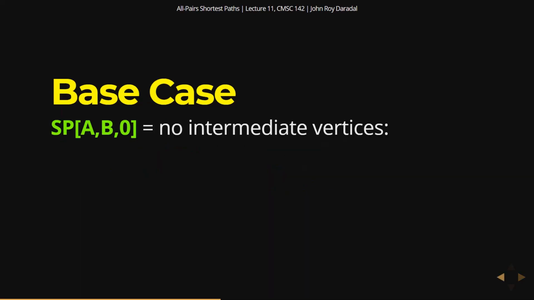So for the base case, remember that in dynamic programming we have to fill in the base case values, because otherwise we can't solve for bigger subproblems without any prior values that exist in the table, right? So for our base case, that would be SP of A to B using 0 intermediate vertices.